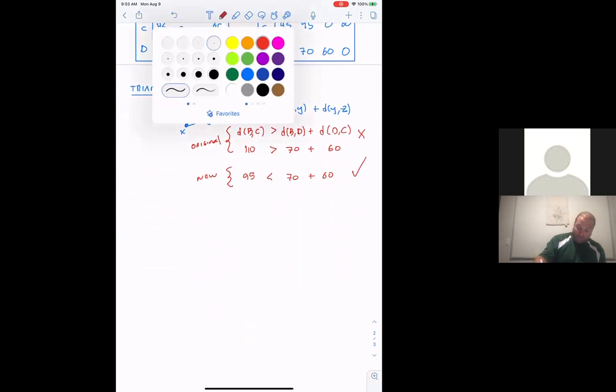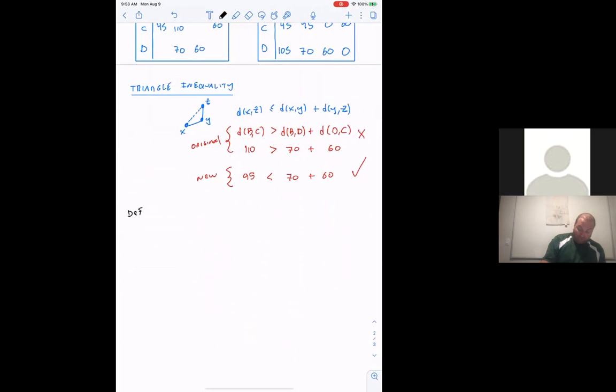Okay, so with that under our belt, we have some more definitions. Remember, we had a whole list. We had trails and cycles and walks and loops. And what are some of the other ones we had? Tree and circuit. So now we have a new one.